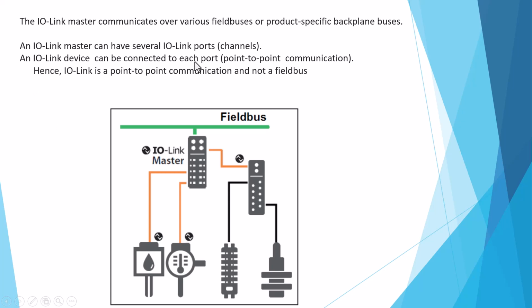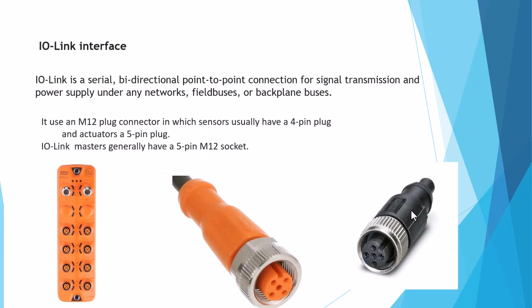That's called point-to-point communication. So IO-Link is point-to-point communication, not fieldbus. The fieldbus is just the connection to the PLC and high-level control system. This is called the IO-Link interface.